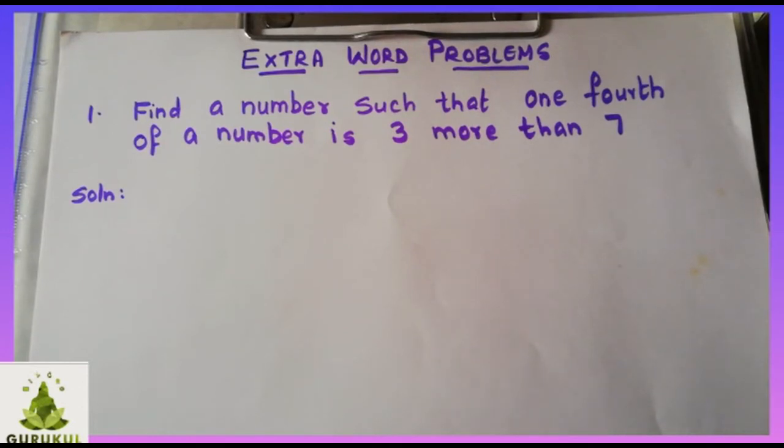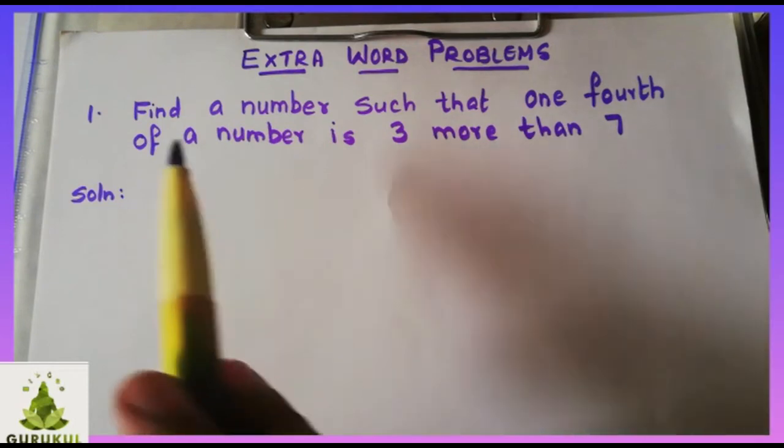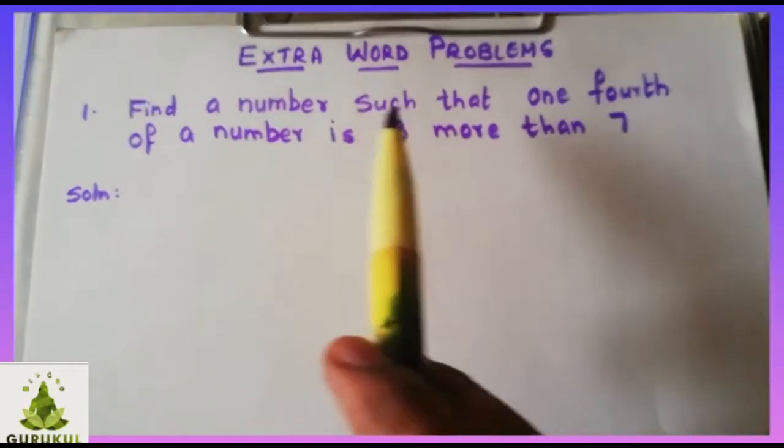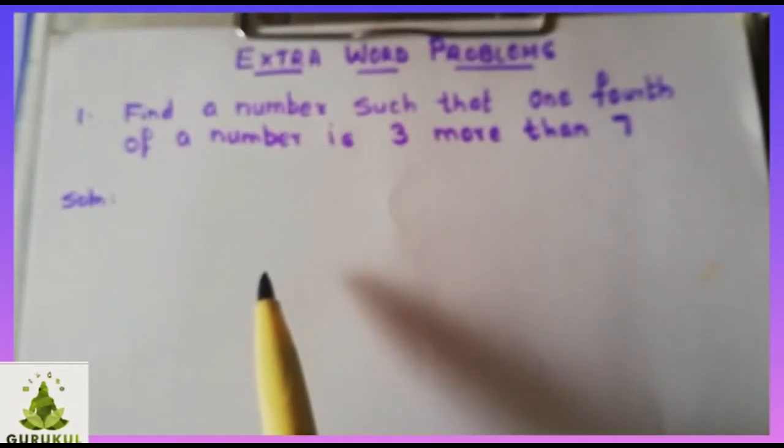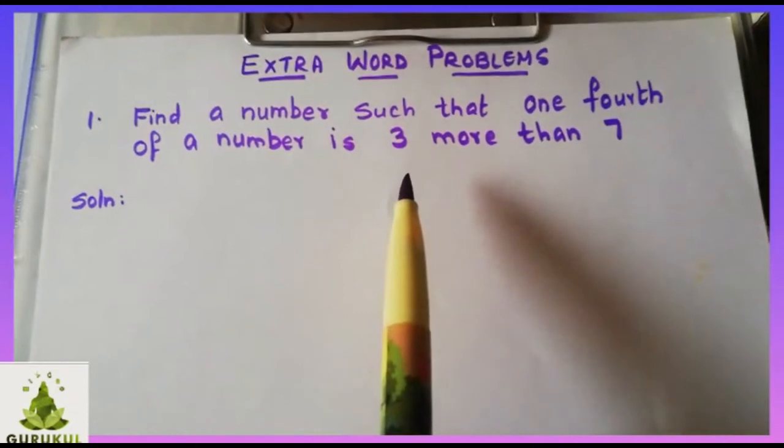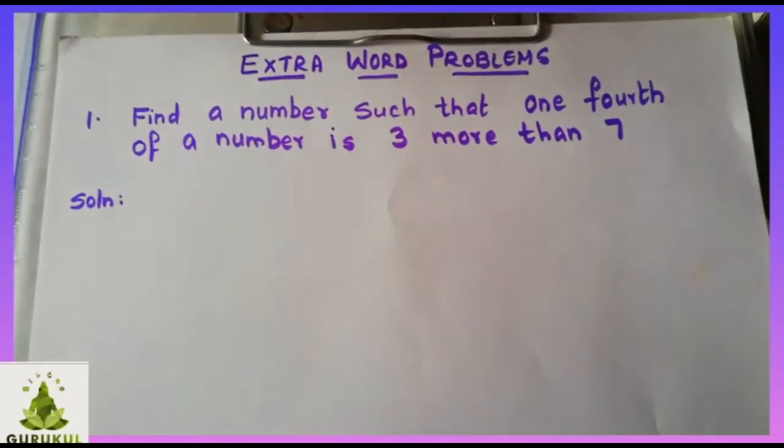Then translate the problem to the language of mathematics. Read the statement part by part and translate it into a mathematical statement. Now form the equation in one variable using the condition given in the problem, and then solve the equation to find the unknown value. Is this much clear to you?